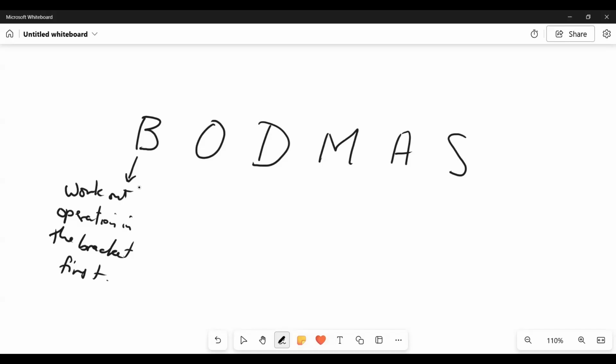What does the O mean now? Of. What is this "of" now? Anybody can elaborate a little more? Of, multiply. But I think this M is multiplying.